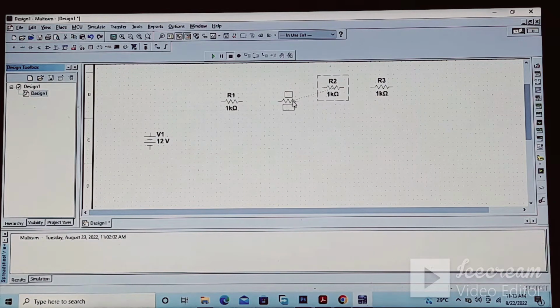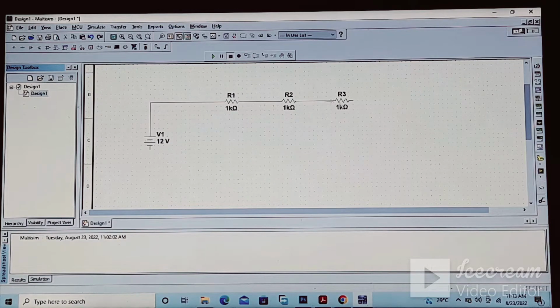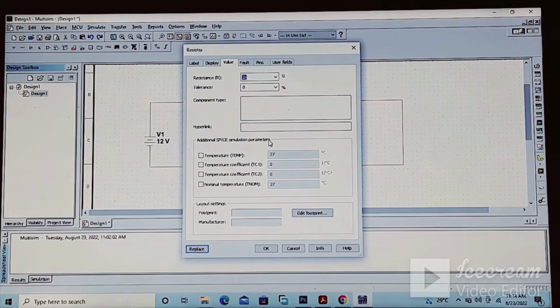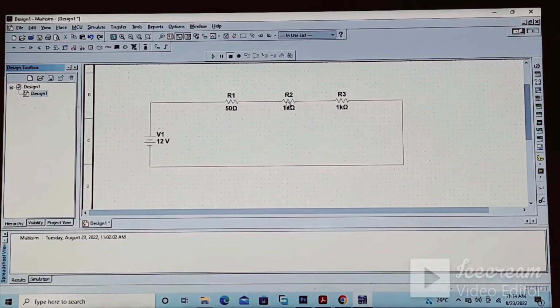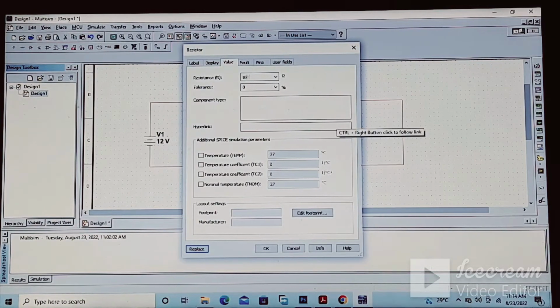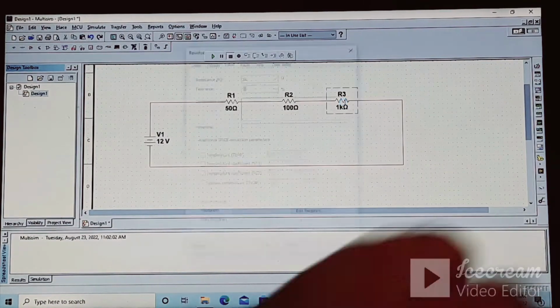Connect these end to end of each resistor. This is connected with the negative of the supply voltage. Now the first value of the resistance is 50, the second is 100, the third is 150.